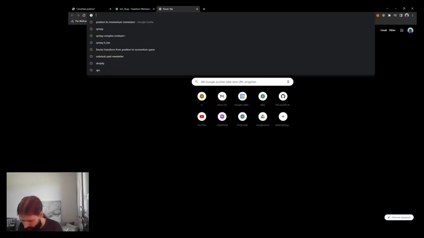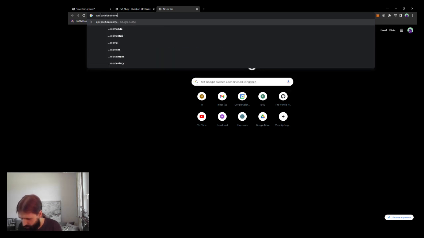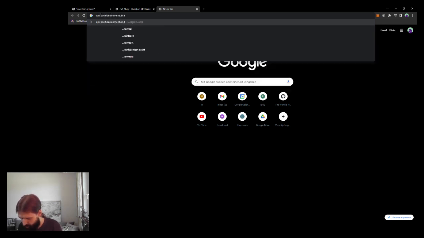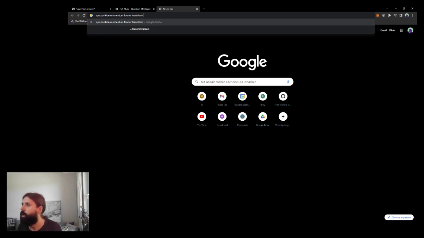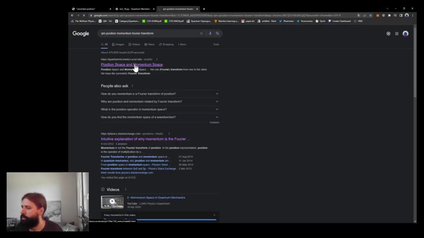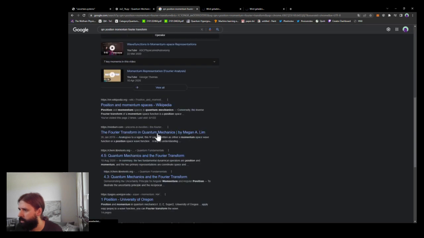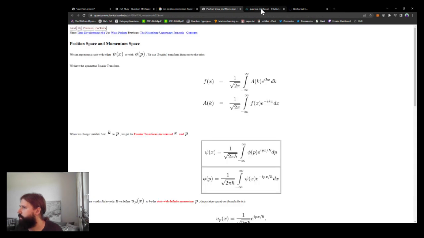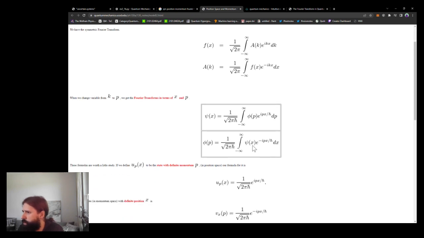So QM, position momentum, Fourier transform. Okay, so this is what I was following, from K to P. This is a variable.